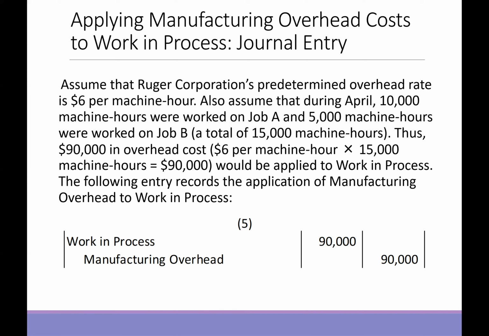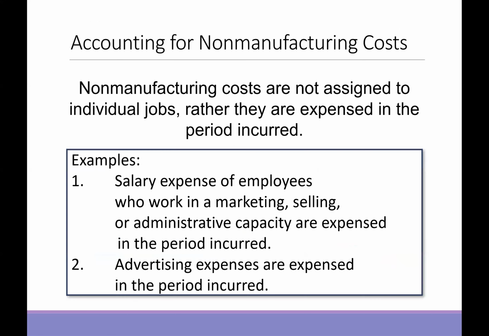We would debit our work in process for the 90. Remember, when we apply manufacturing overhead, we credit that to the manufacturing overhead account. Okay? So that way, we're taking that manufacturing overhead and assigning it to jobs.